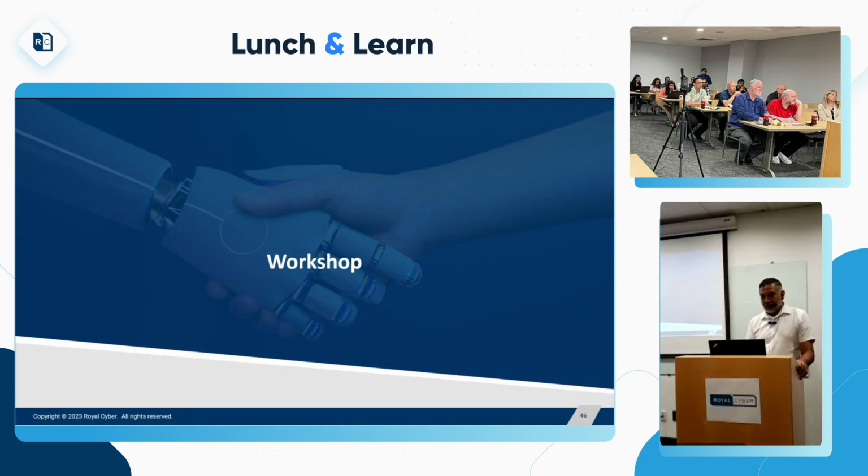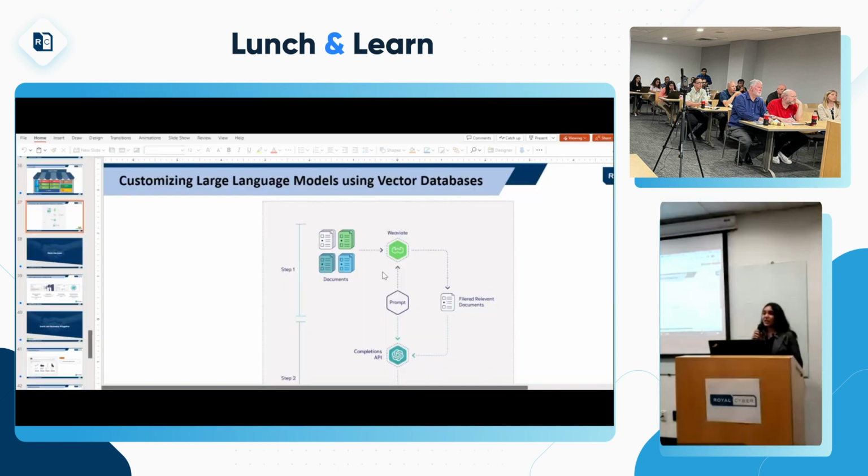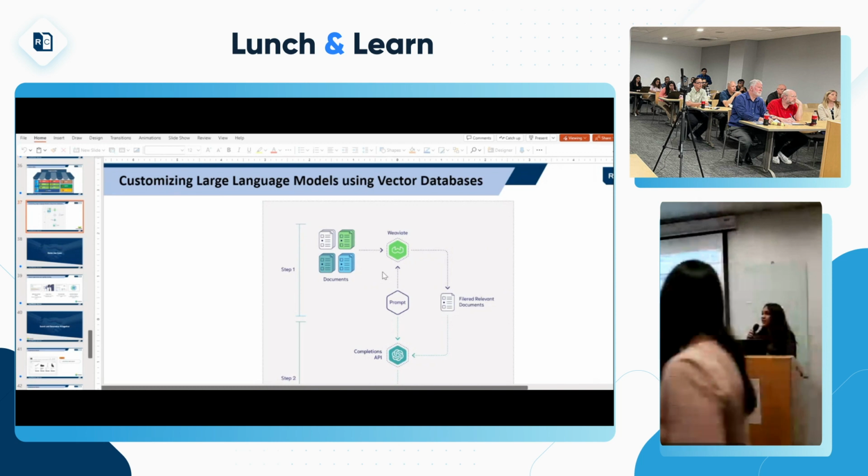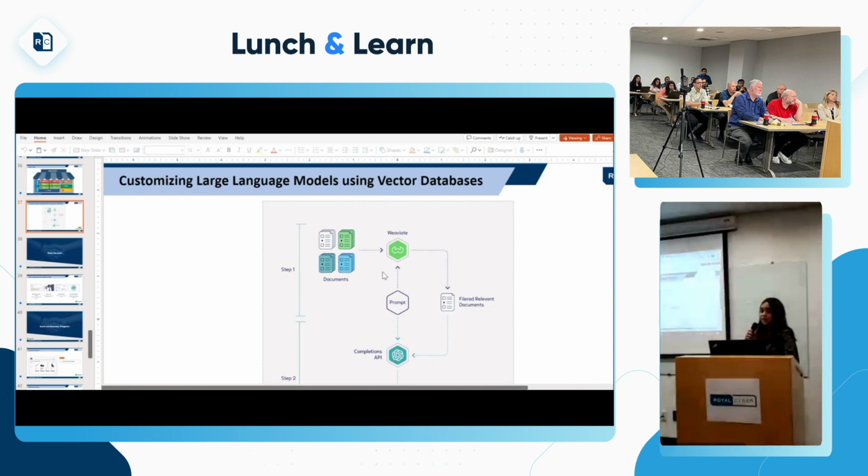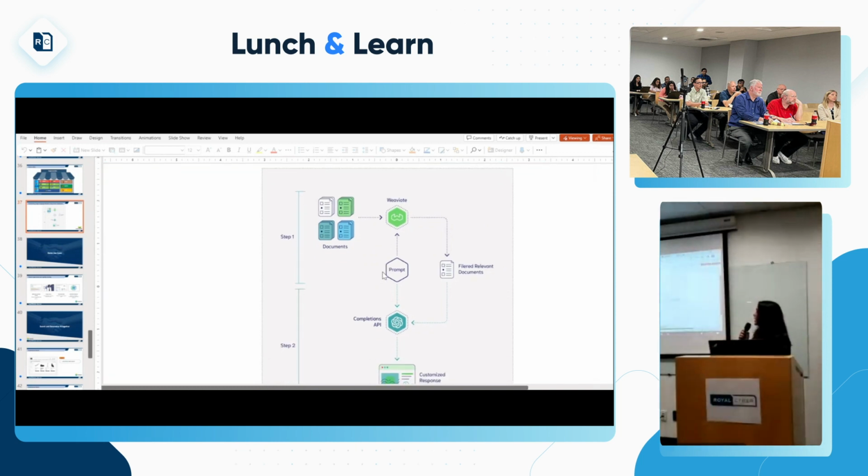I think we will now go to the workshop piece. So, Shruti. I'll be talking today about customizing large language models using vector databases. The use case I'll be talking about today is we have a sample wiki data set consisting of 100K articles.